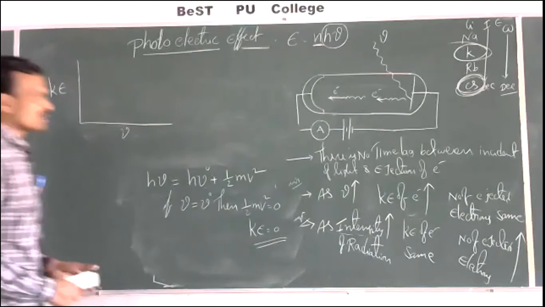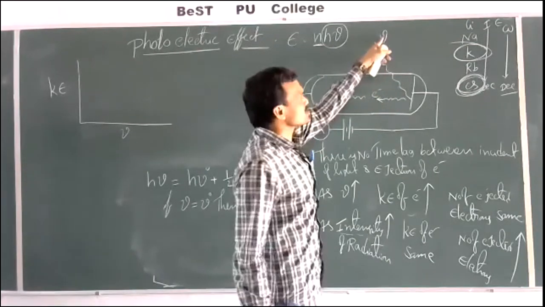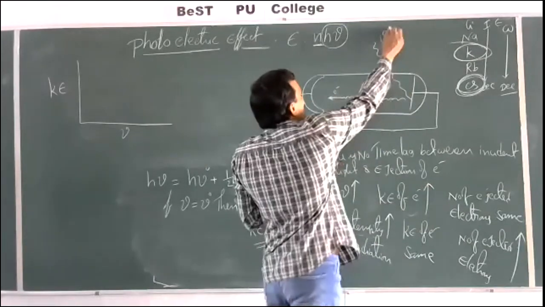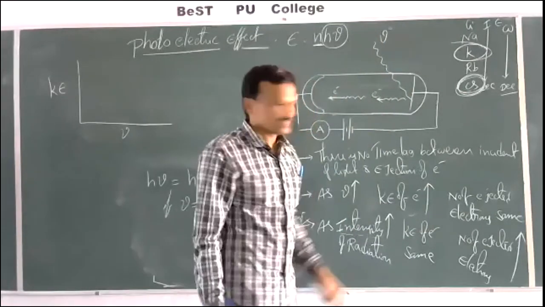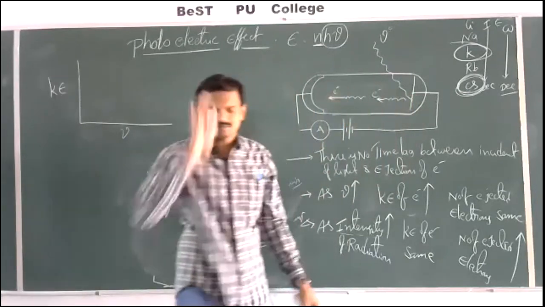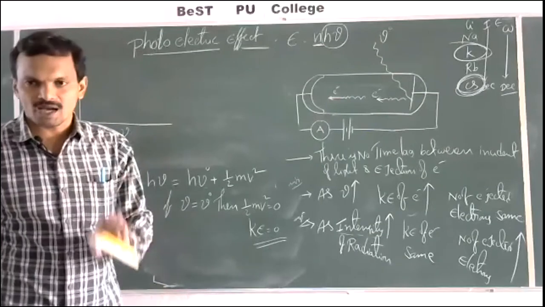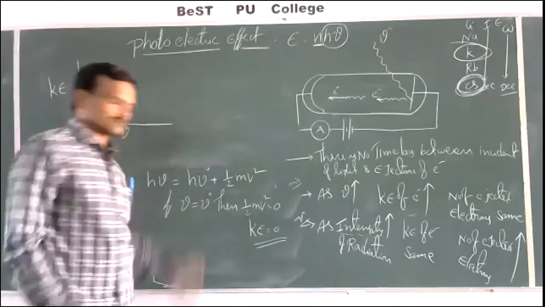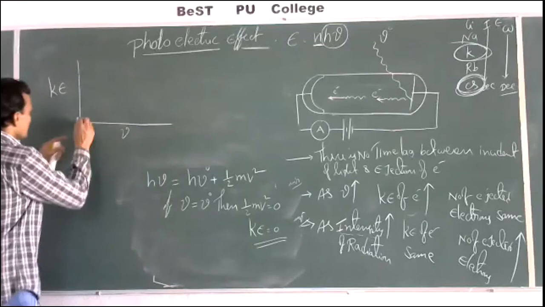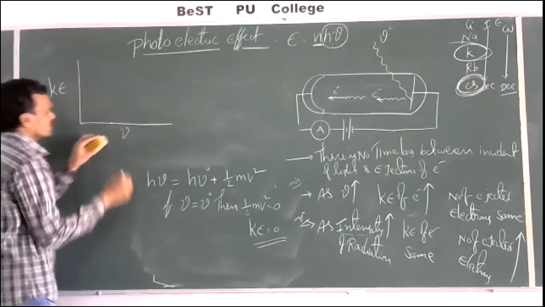If the frequency of the radiation we are passing is exactly equal to nu naught, then from the metal surface the electron will be ejected. That's all. There is no kinetic energy. With 0 kinetic energy, the electron will just eject. So kinetic energy is equal to 0 when our frequency is nu naught.